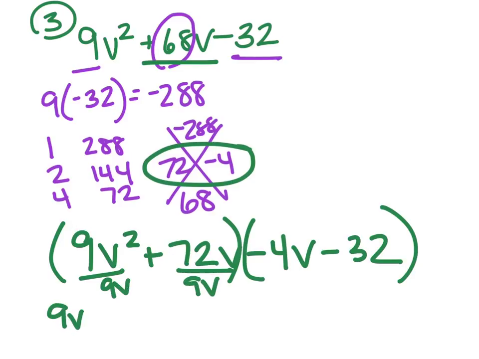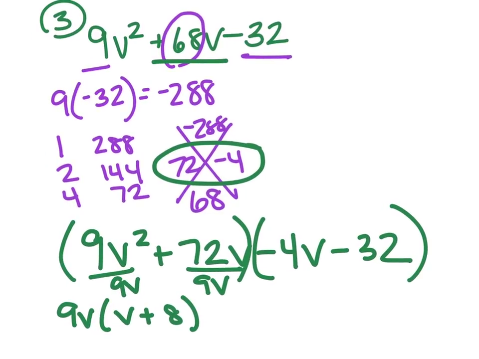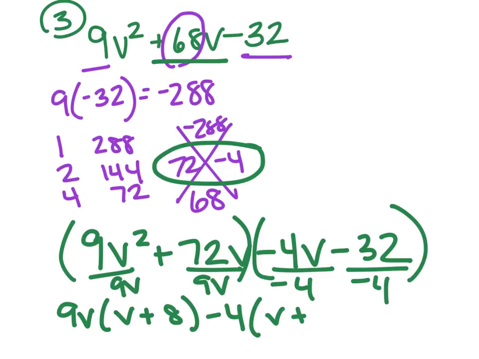So we'll have 9v. What's left is v plus 8. So then we're going to look at our last two terms. We find that negative 4 goes into both. So we're going to have minus 4. And then what's left is v plus 8.